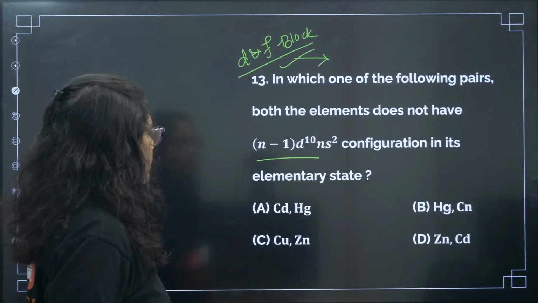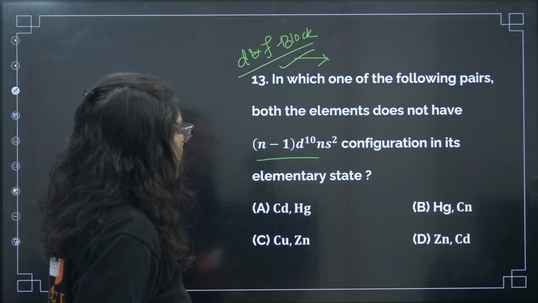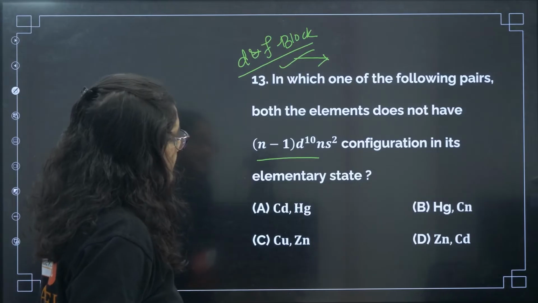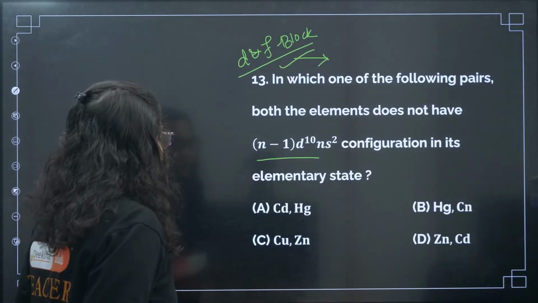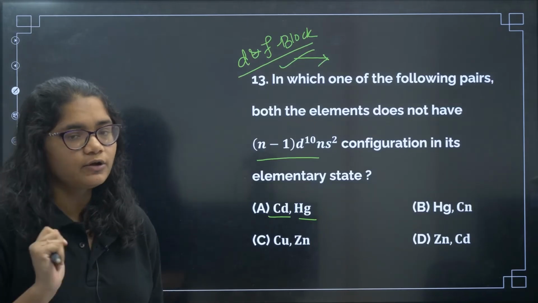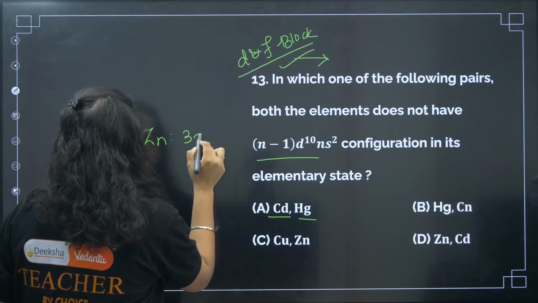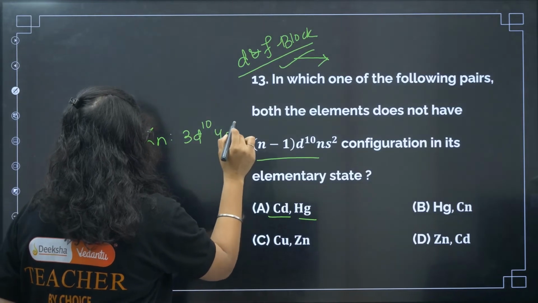In which of the following pairs both the elements do not have (n-1)d10 ns2 configuration in their elementary state? Okay, so if you know cadmium and mercury, you need to know their electronic configuration. So what is zinc's electronic configuration? 3d10 4s2, right?